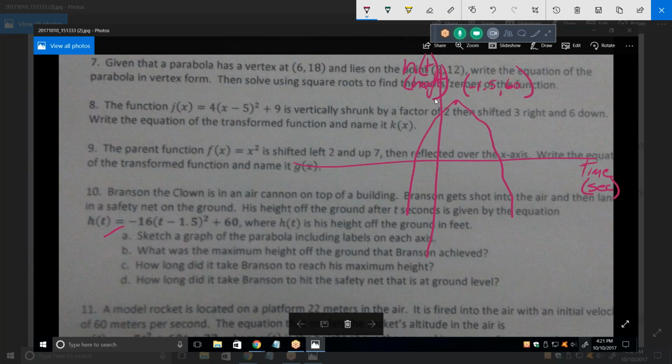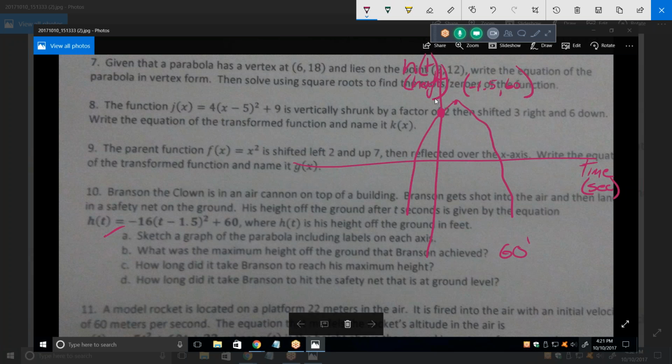Exactly. 60 feet. All right. In other words, his cannon is right there. You see where I'm drawing that dot? Yeah. That's where he's being shot out of the cannon. He's going up to 60 feet, and then he's going to come back down.